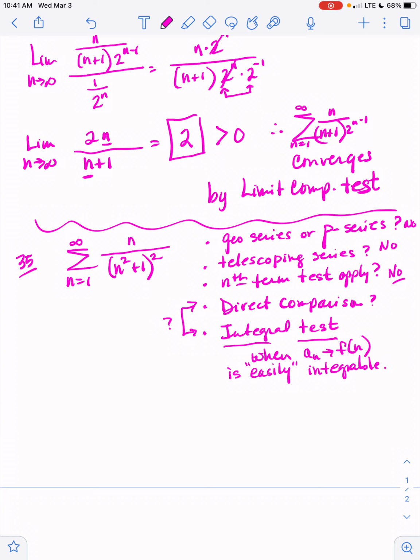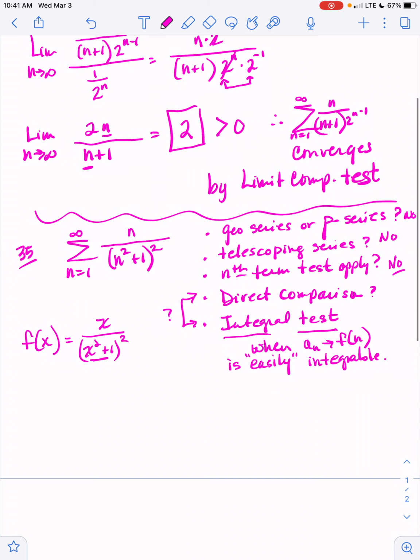Okay, so when I look at this function, if I were to look at this as f of x is equal to x over x squared plus 1, that quantity squared. And if I were to integrate that, I have u equals x squared plus 1, du is 2x. I think this is easily integrable.